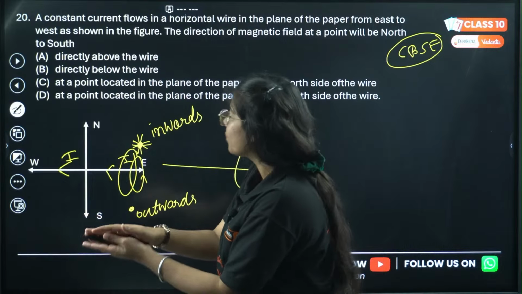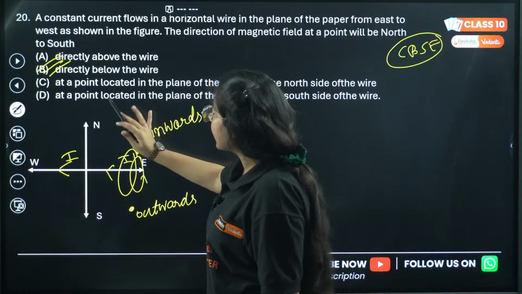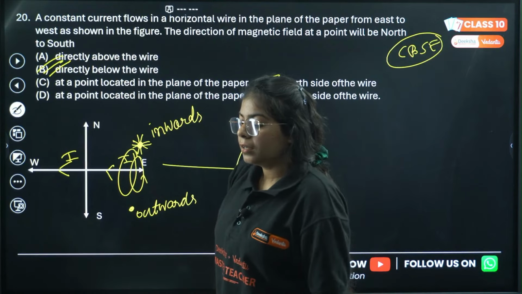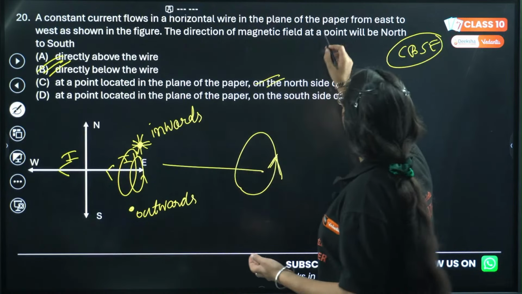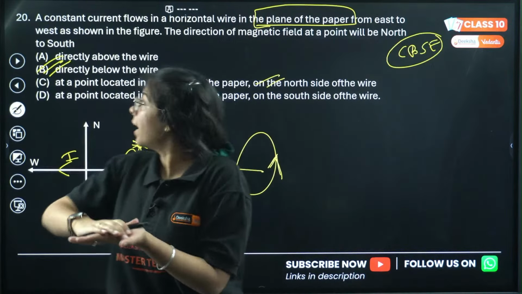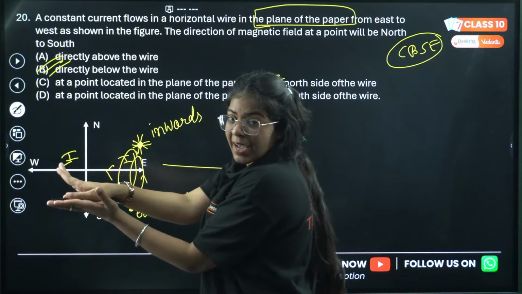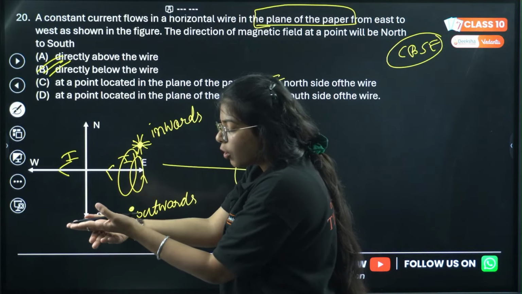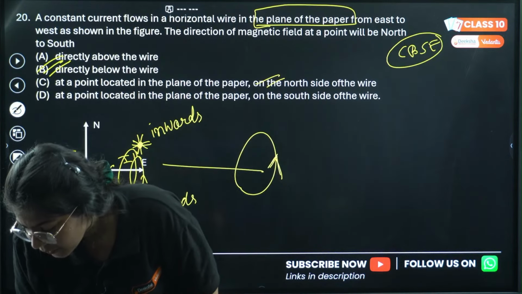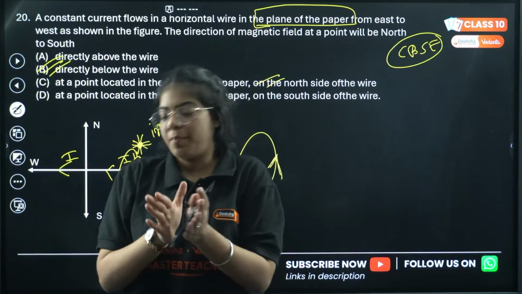So the answer is directly below the wire. I can see why you said this, but you should imagine that it's a plane of paper, not the board. The paper is like this and the wire is placed on that paper. So this is my wire and the current will go like this, so just below the wire, it will go from north to south. Correct? Very good, tremendous job, everyone.